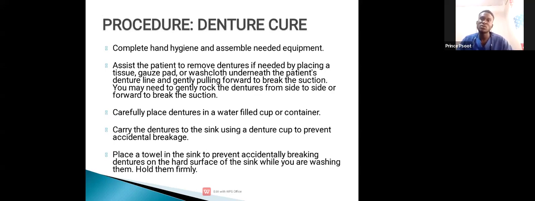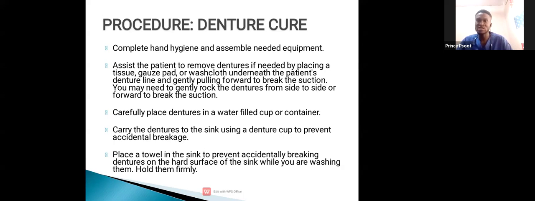Then you assist the patient to remove dentures if needed by placing a tissue, a gauze pad, or a washcloth underneath the patient's denture line, and then gently pulling forward to break the suction. Then you may need to gently rock the dentures from side to side or from front to back to break the suction.